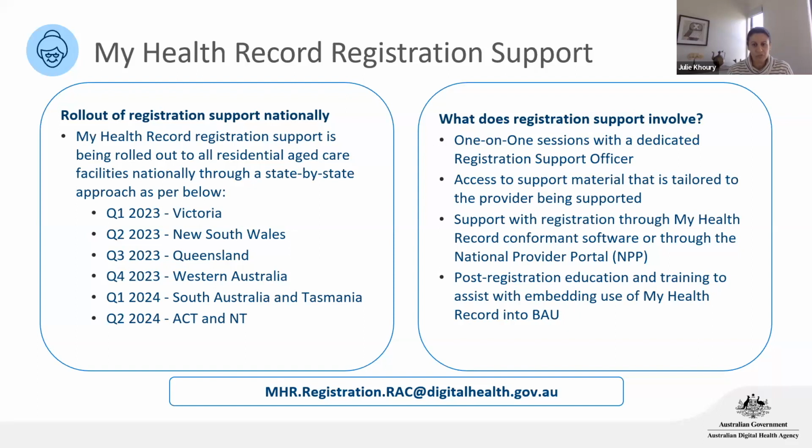And then at the end of the registration process, there is a process to transition residential aged care facilities or provide additional support to embed the use of My Health Record through education and training within our agency team. So that email address at the bottom is there for anyone to contact us, and the team will be on hand to provide the registration support.